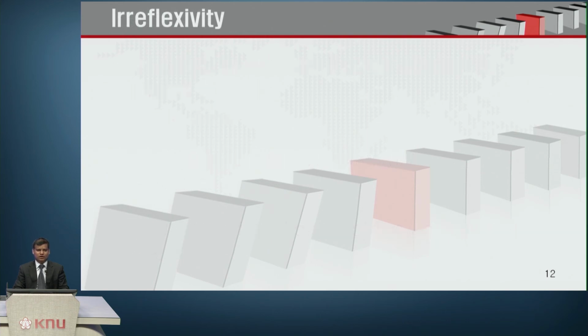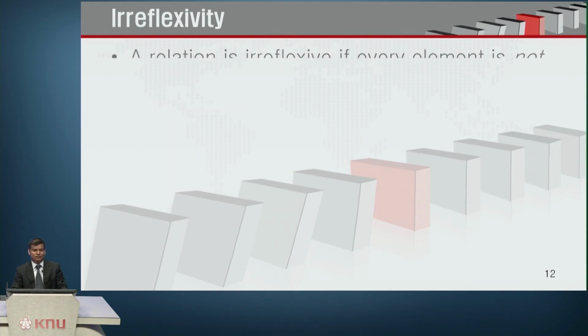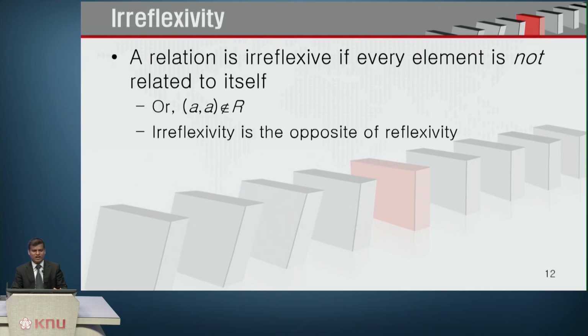Irreflexivity: a relation is irreflexive if every element is not related to itself. It is kind of the opposite of the reflexive relation, and it is something like (a, a) is not an element of R. R represents the relation, right? If you want to see more, go back, look at the property of reflexive and come here, and you will know that they are completely opposite.